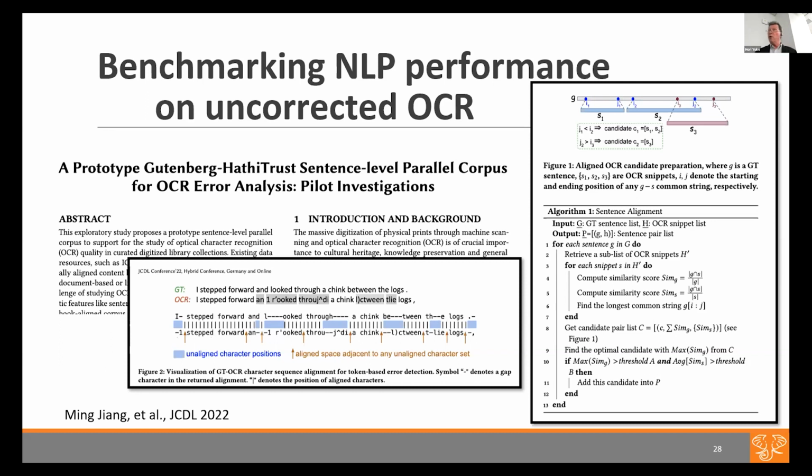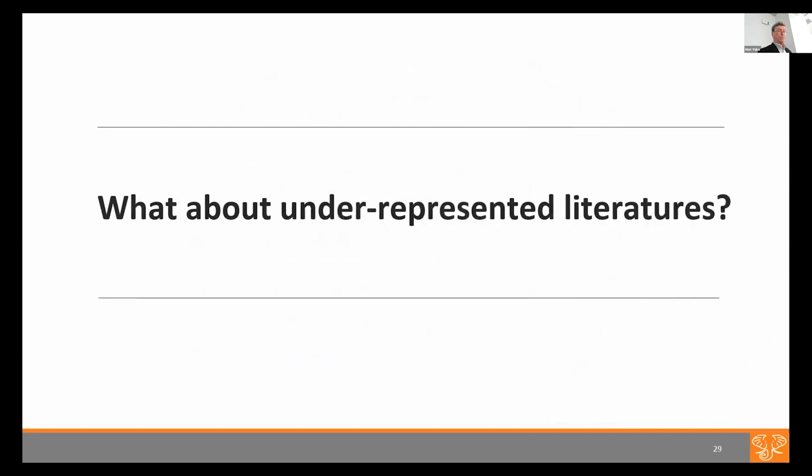For the most part, they're pretty robust against OCR errors, which is good because the HathiTrust has a lot of OCR errors. So we can have some confidence for some of the transformers that the results are good. There are a couple of situations where it's not as good as it could be, but overall, it's pretty robust. We've published in several places. You can Google it if you're interested in that work.